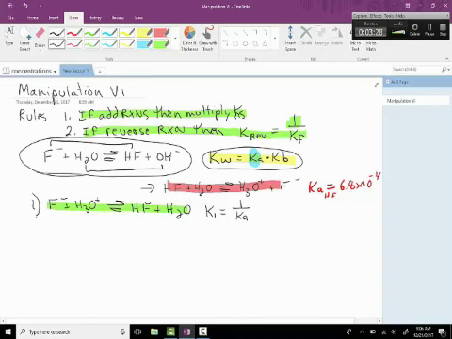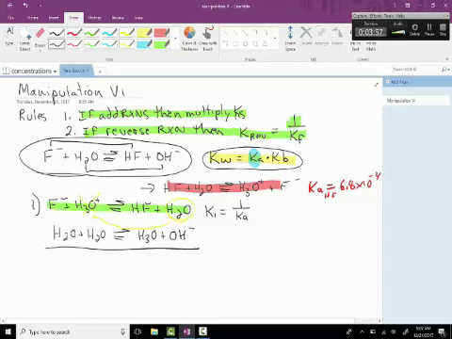Now what I want to do is get rid of this water, move it over here, and get rid of this H3O plus. So how do I do that? I use the water-water reaction. H2O plus H2O gives me H3O plus and OH minus. Now watch carefully how I do this.